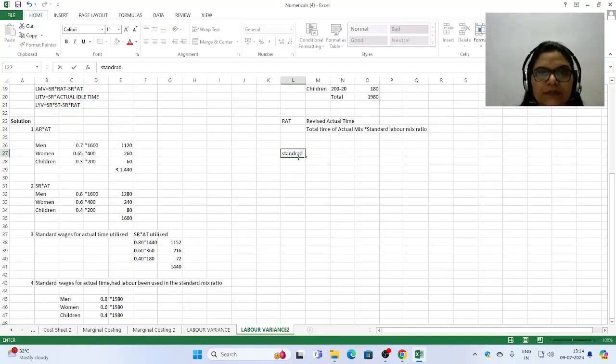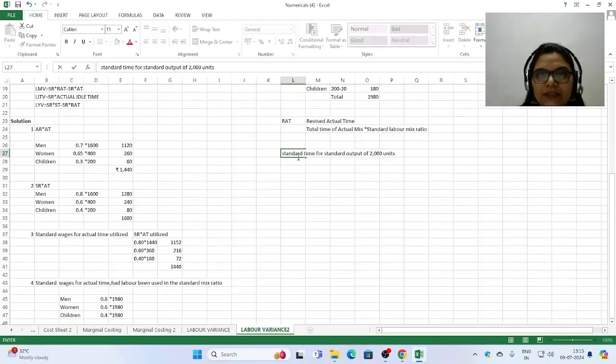Standard time for standard output of 2000 units is equal to standard number of workers into normal hours per week.